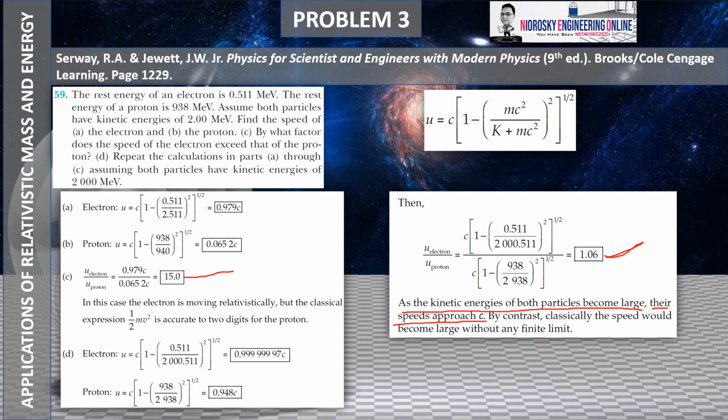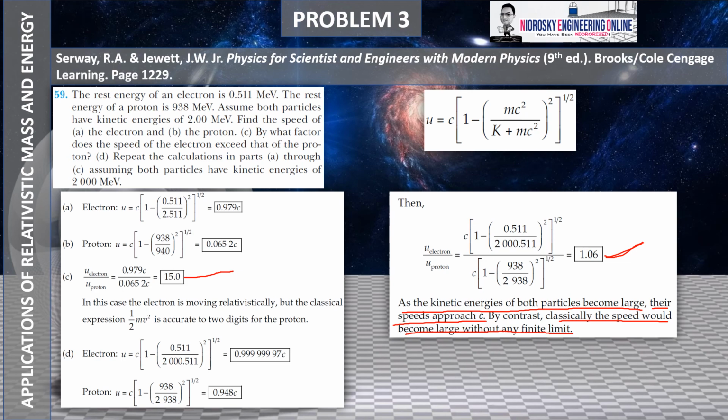In contrast, classically, the speed would become large without any finite limit. Meaning, without a boundary, in the classical dynamics that we often compute, the kinetic energy would become large without that particular boundary.